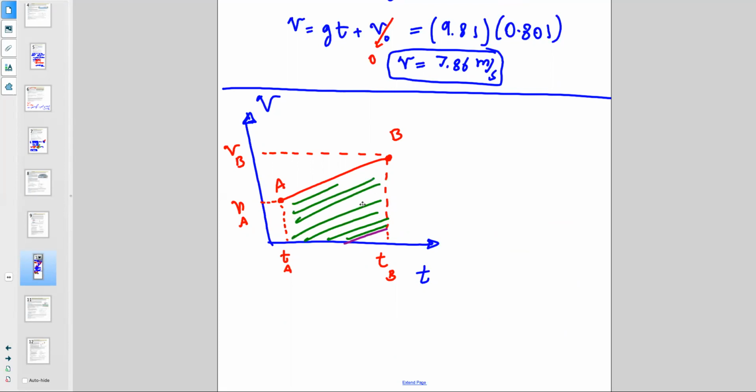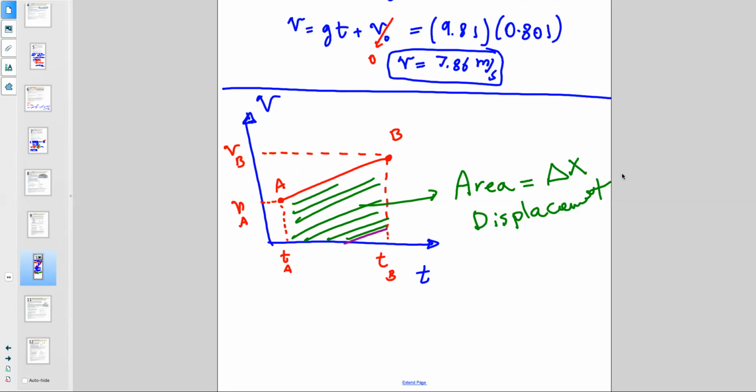If you can find this area, it will be equal to delta x, to displacement. Okay, this is the displacement.